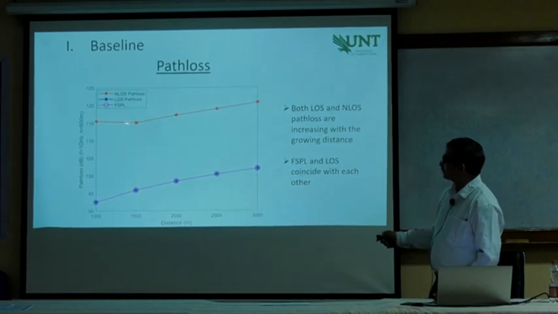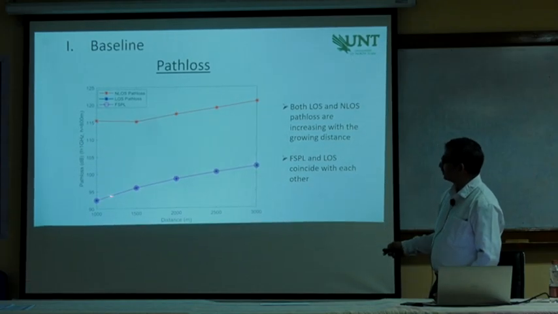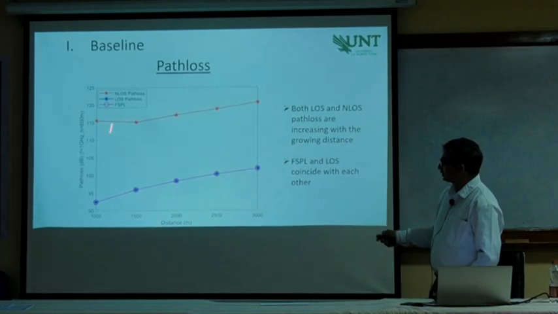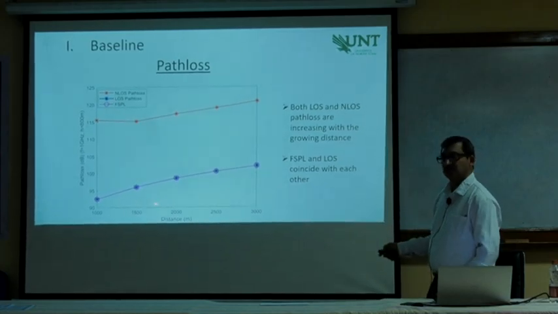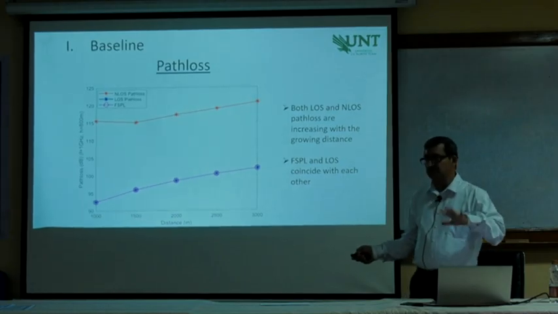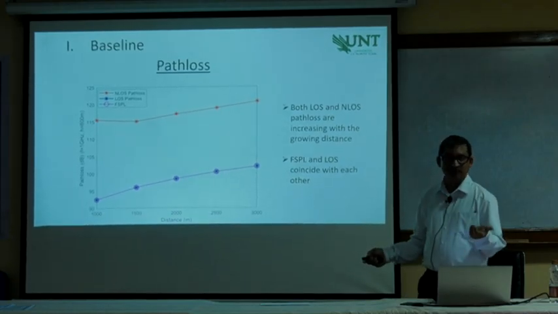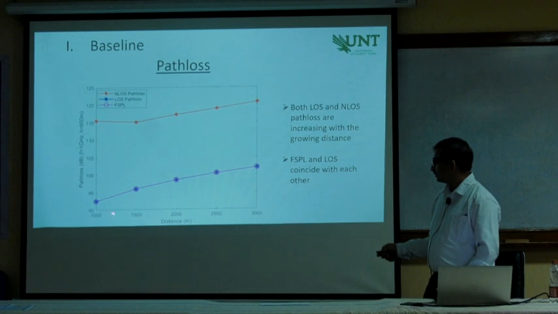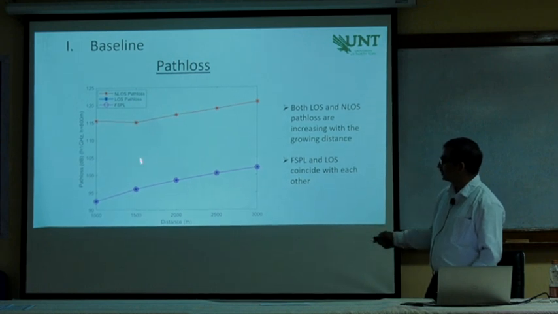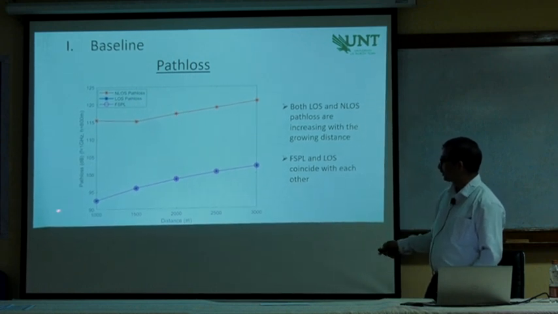And this is for non-line of sight. This is for both. Of course, they have to match. Then they are matching. Even the tool also has some physics model to build the simulation. So this has to match, like free space path loss and line of sight will be the same.